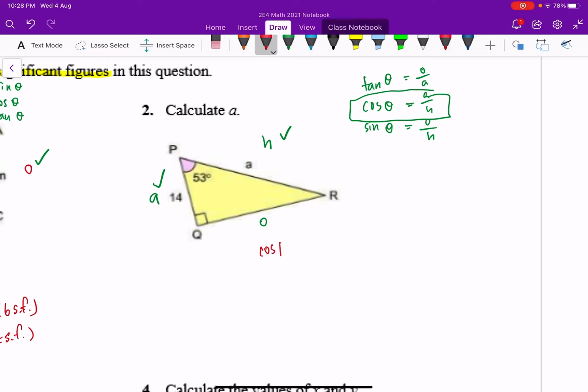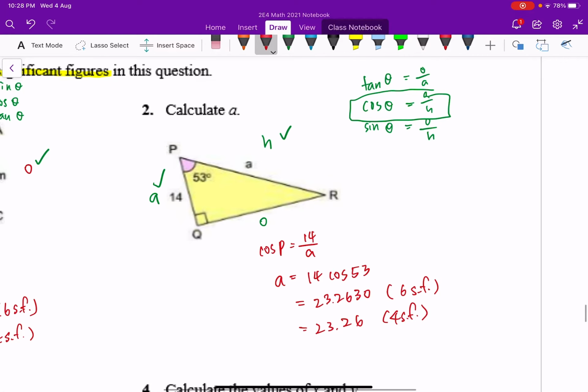Cosine P will be equals to 14 over A. A will be equals to 14 cosine 53, and I get 23.26306, 7 significant figures, and my final answer is 23.26 for 4 SF.